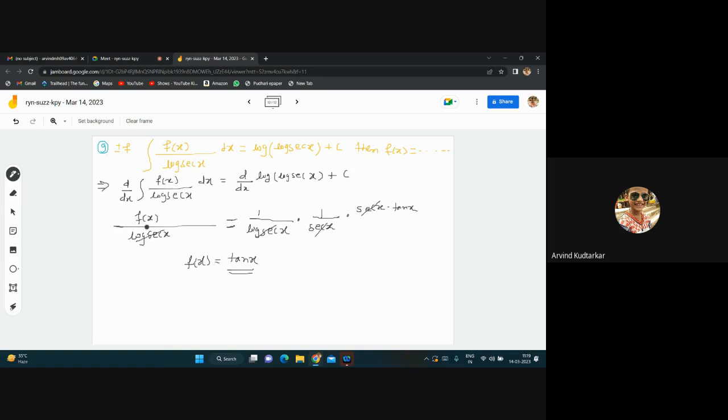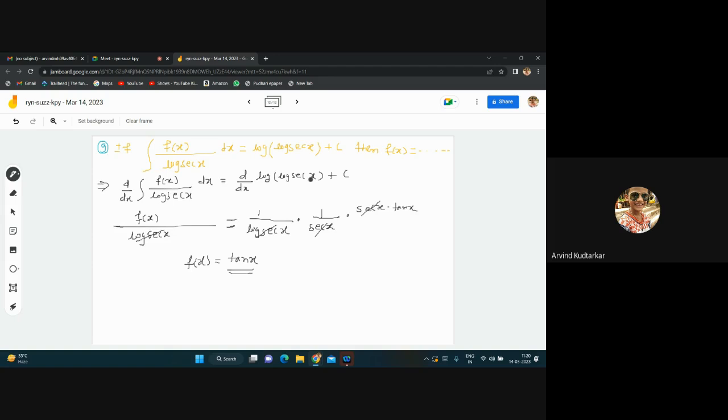So the term f of x by log of sec x will remain. But on the RHS, you will have to find the derivative of a composite function, also called a function of function. So there are three functions. First, the derivative of the first logarithmic function is 1 upon log of sec x. For the second logarithmic function it is 1 by sec x. The derivative of sec is sec x tan x.